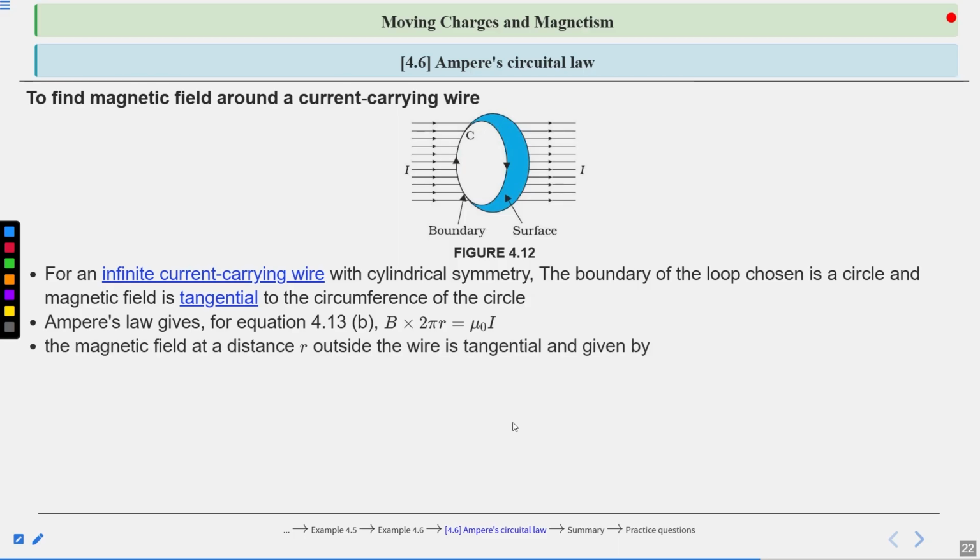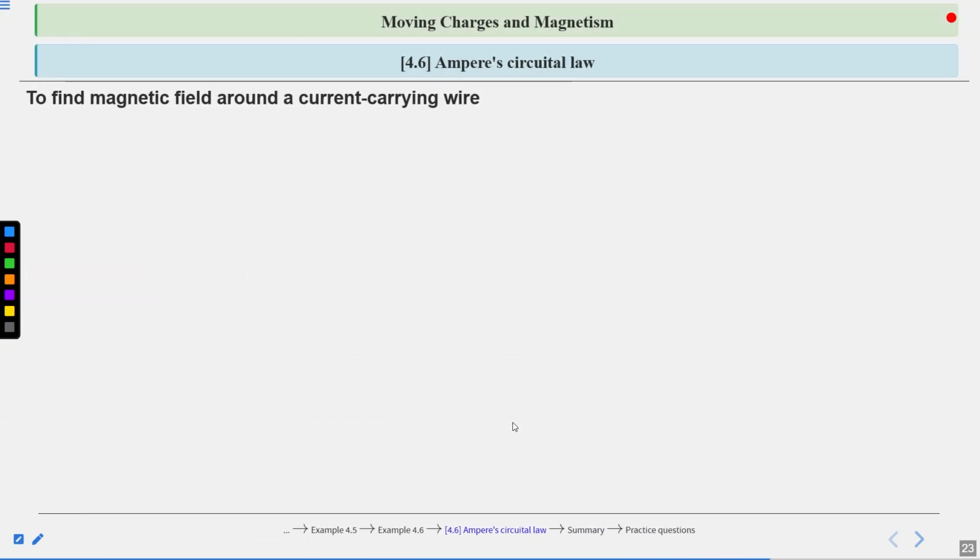So the magnetic field at a distance r outside the wire is tangential to the Amperian loop and is given by B equal to mu naught I upon 2 pi r. Mark it as equation 4.14.